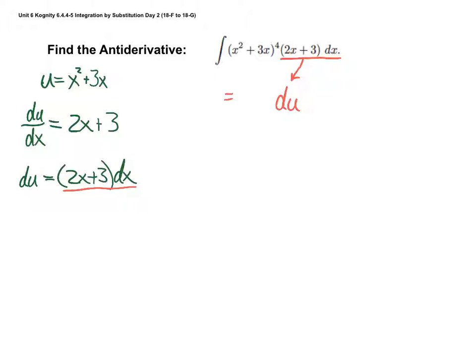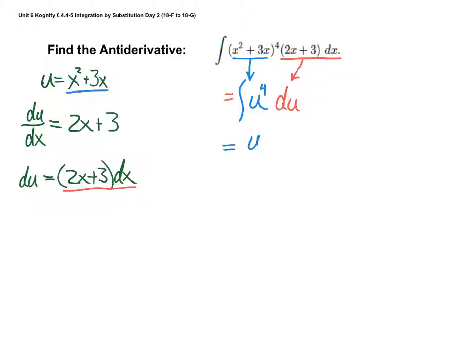Also, I have u is x squared plus 3x. I'm going to substitute that out and make this the integral of u to the 4th du. Now, we all know how to take the integral of u to the 4th.